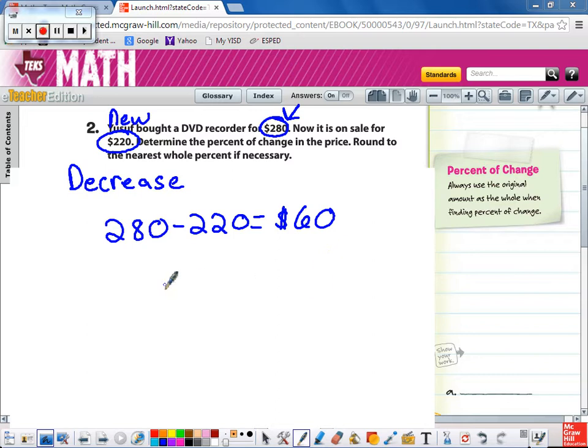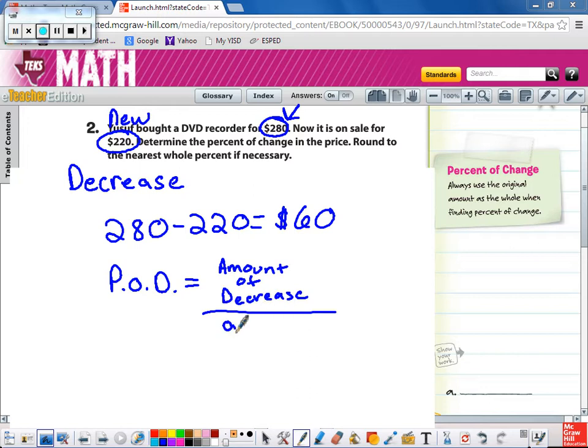So now I have to go back to my formula, which we saw at the beginning, my percent of decrease formula, which was my amount of decrease over my original quantity. So using my formula, I'm going to plug in my numbers.